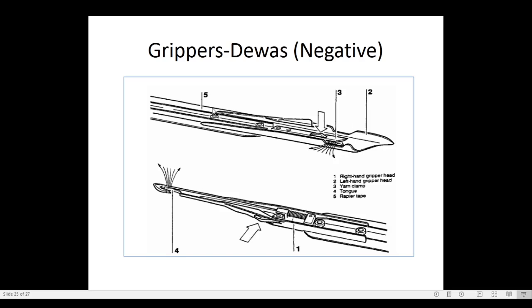Okay, so see the design of the rapier, the left hand giver, and this is the taker. In the giver we can see here the body of the rapier head, and here is the spring clamp. So pressure is from here, and here the weft is held, the leading end is held.